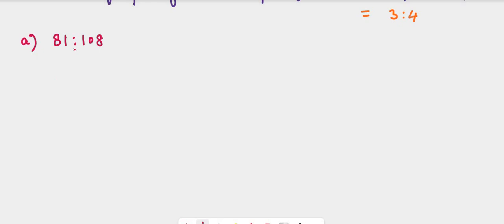Indirectly, you have to find the ratio, means you have to reduce it to simplest form. So which table is possible in both? 9 table. First 9 9s are 81, 9 12s are 108. Next from both 3 table, 3 3s are 9, 3 4s are 12. This is the question A.